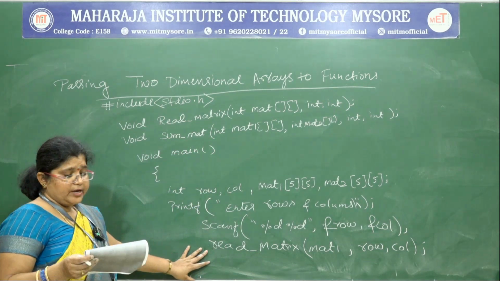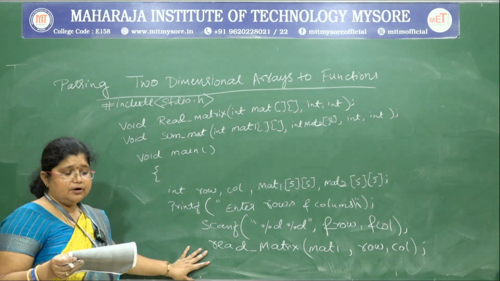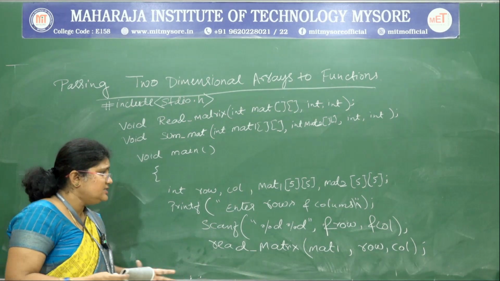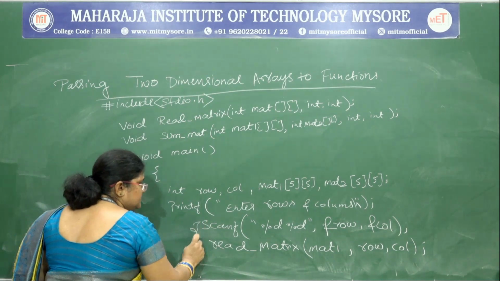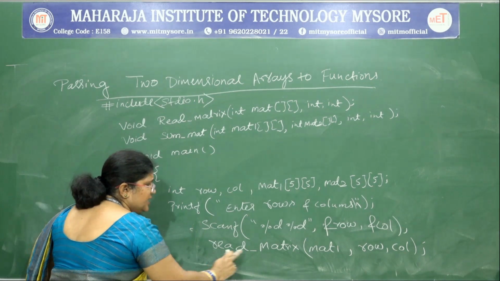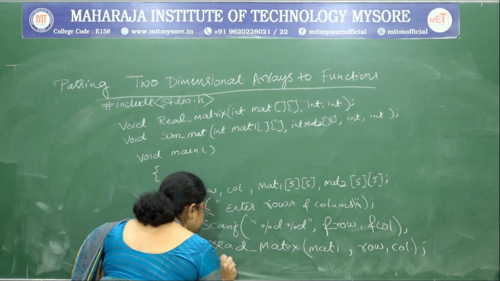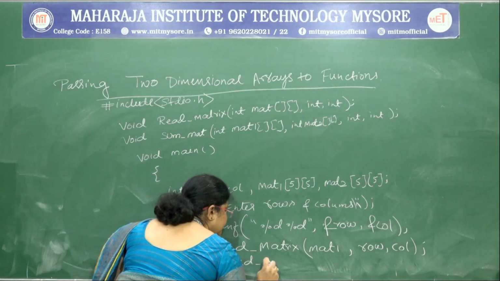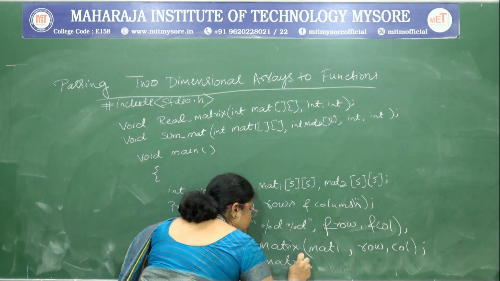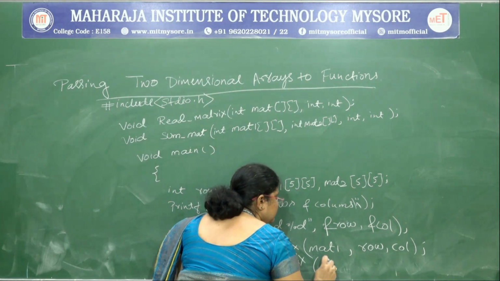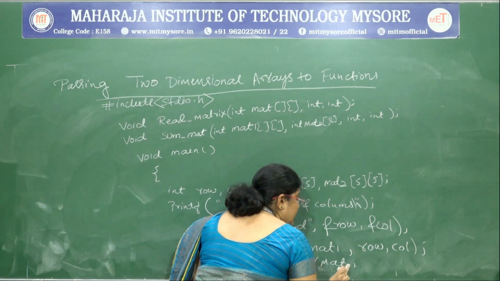This is how we are going to read the matrix of row 1 and column 1 in the same steps. These two steps are same. That is, once again you call the read matrix function, so that you can pass mat, comma, mat2.